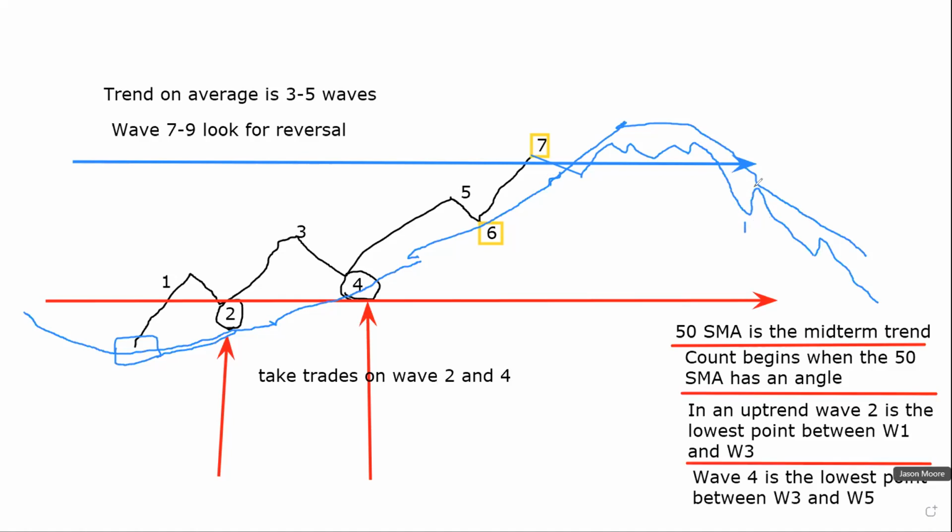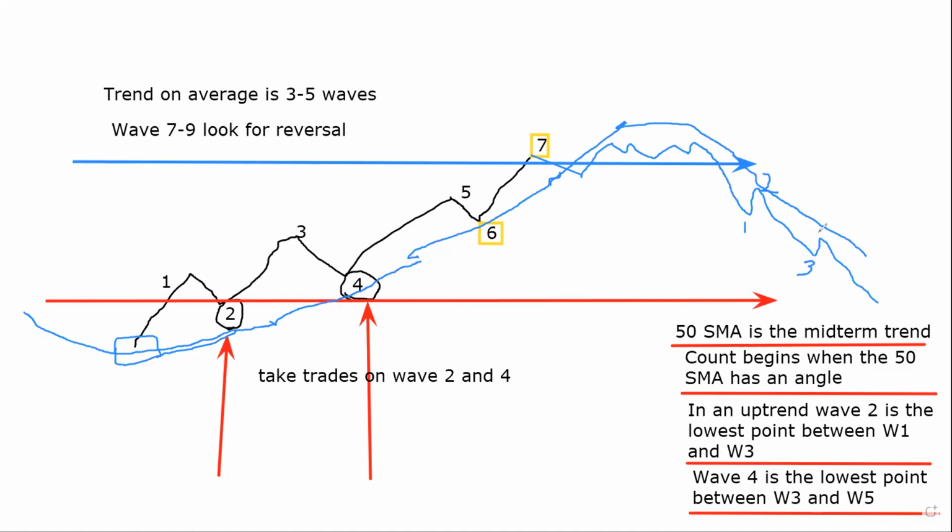The first move back to the 50 is your wave 2. A full body candle below this time, below wave 1, and its lowest point is wave 3.